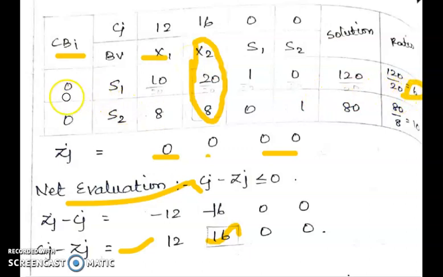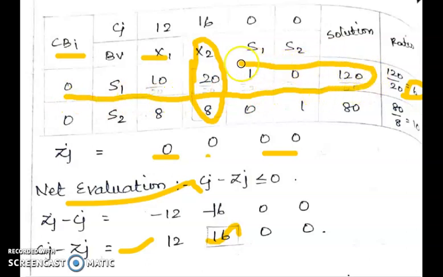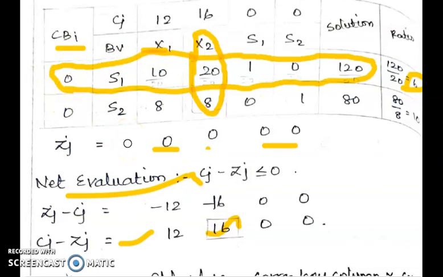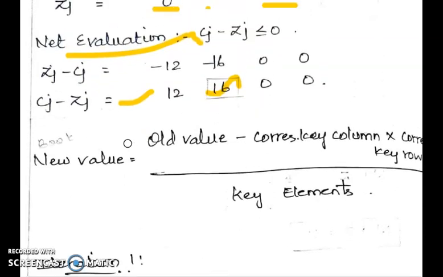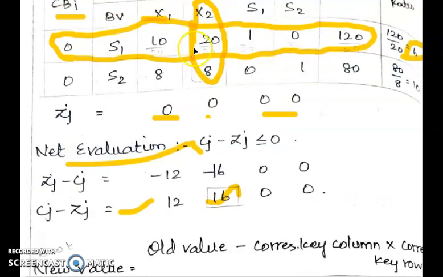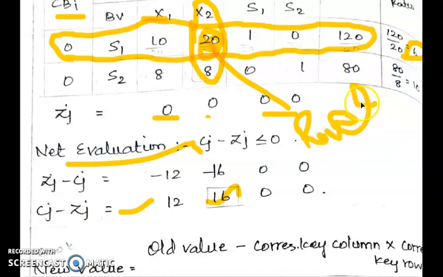This is the leaving variable. The intersection point of the entering column and leaving row is called the pivot element. This pivot element should always be 1.